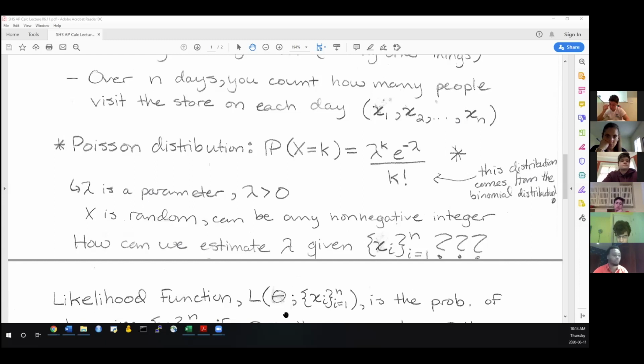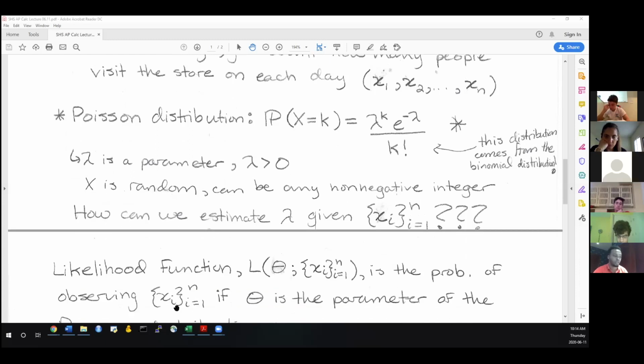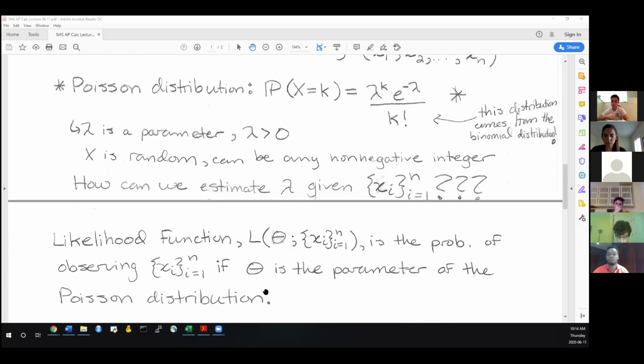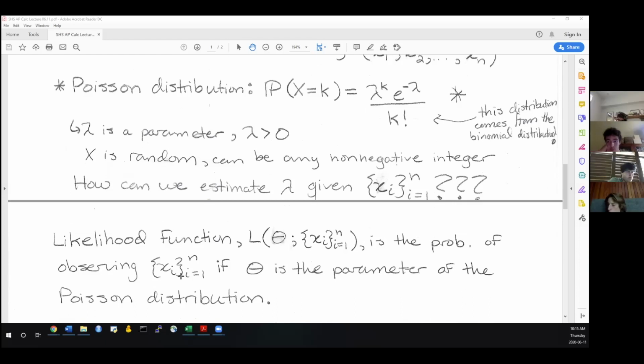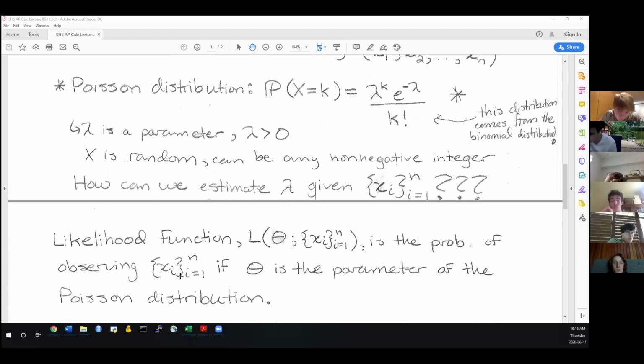And this function represents the probability of observing this set of data if theta is the parameter of the Poisson distribution, right? So if lambda is equal to theta, then L of theta gives the probability of observing this set of arrivals over n days.